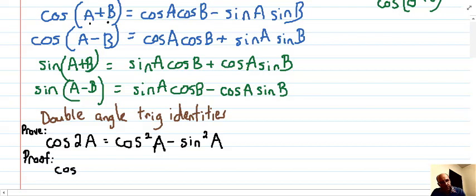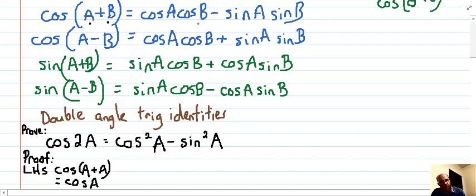So proof, cos of a, or left hand side equals cos of a plus a, and that equals cos a.